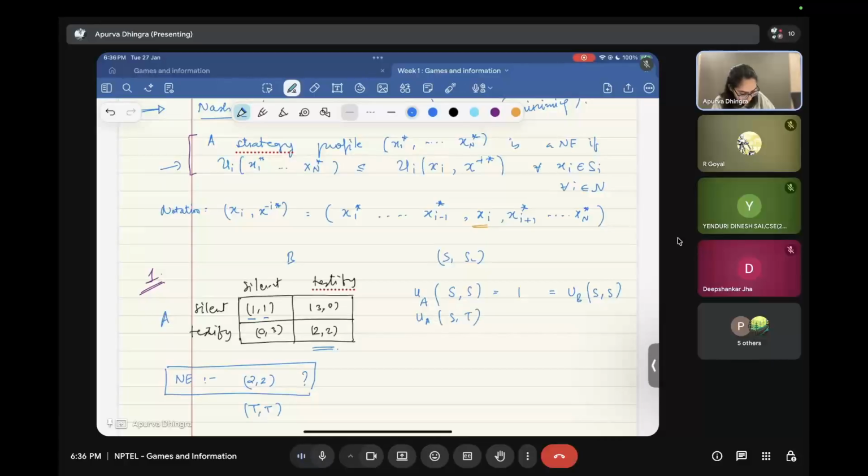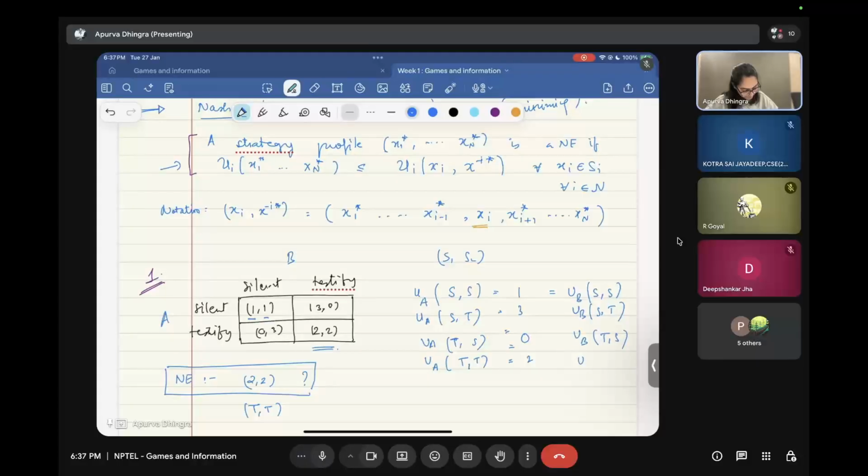So it's ST. Okay, so this is the complete scenario.